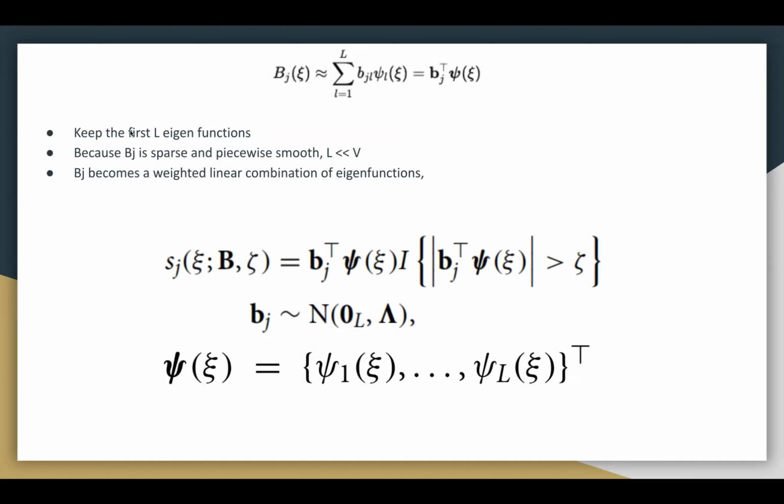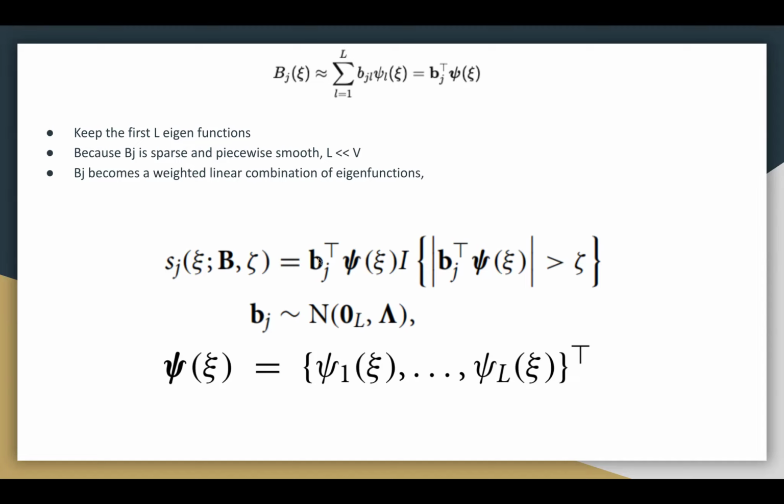Yeah, this I just explained: we keep the first L eigenfunctions after the eigen decomposition of the kernel. So if we represent the Gaussian process as the first L eigenfunctions, the final Sj latent functions can be considered as a linear combination of the psi, because psi are the eigenfunctions, which are orthogonal.